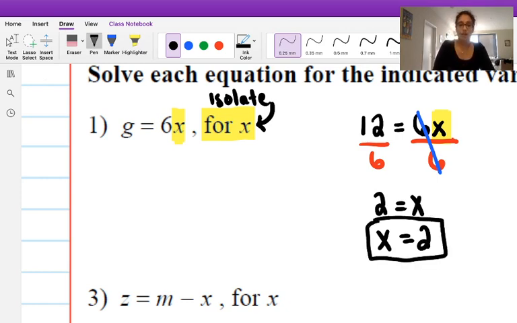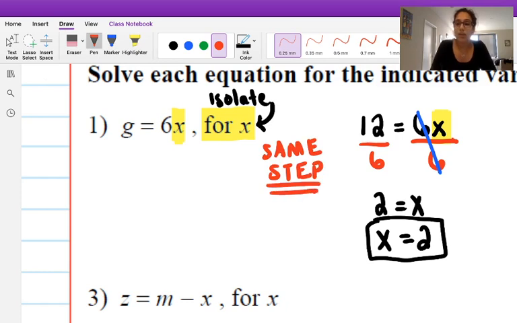Here, however, it's not as simple, but it's the exact same step. I'm going to write this in all caps. Same step. What did we do here? We divided by 6. What are we going to do here? We are going to divide by 6. We want to isolate that variable. So this cancels out.